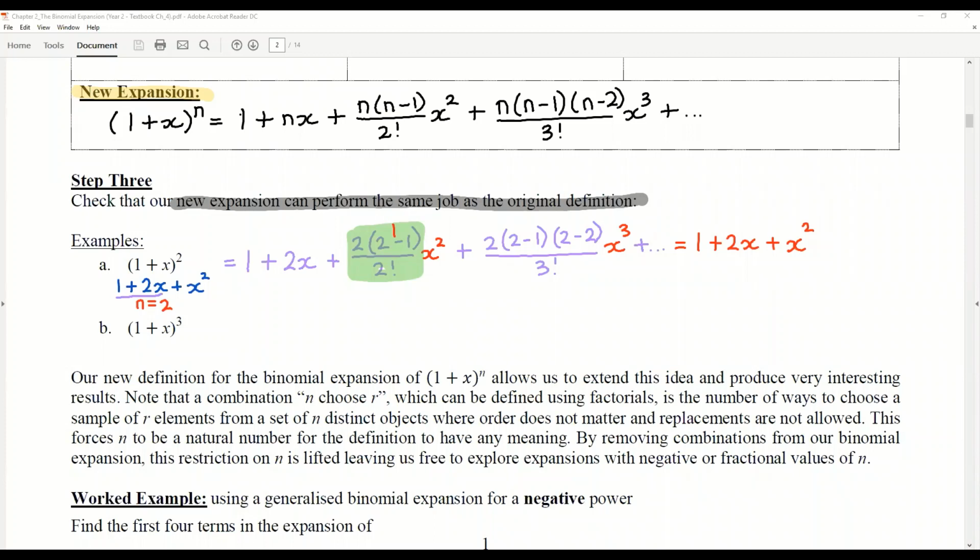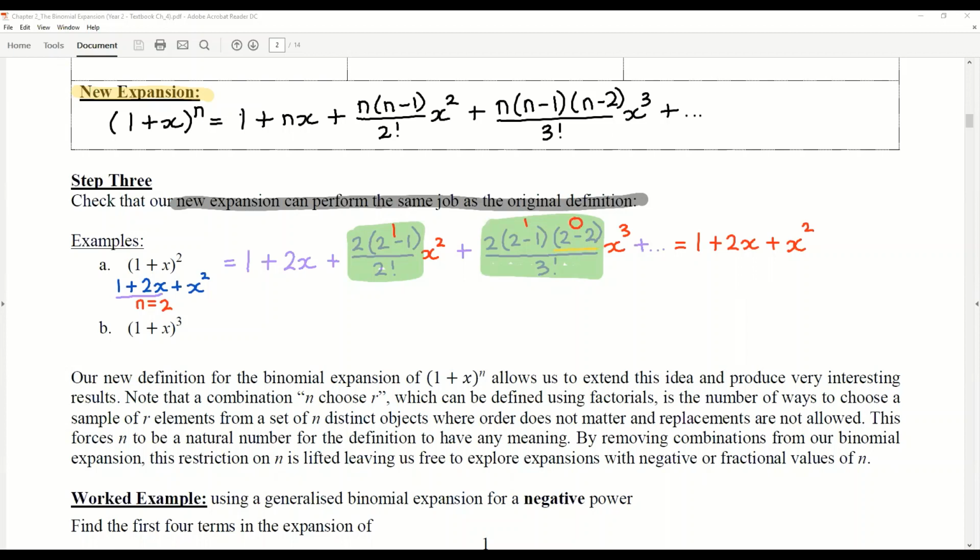Ask yourself that question. Well, let's have a close look at this coefficient here. There shouldn't be an x cubed term. Now, if you look carefully, we have 2 multiplied by 2 subtract 1, that's just 1. Now, if you look here, 2 subtract 2 is 0. That's the key, isn't it? This is just going to knock out the whole of the term.